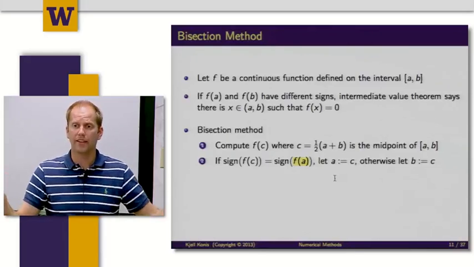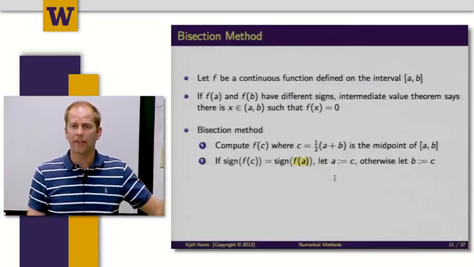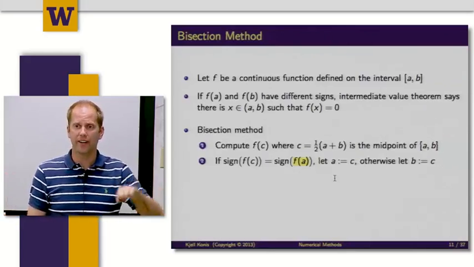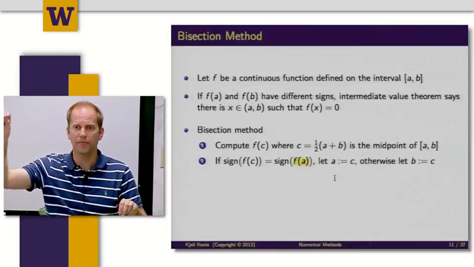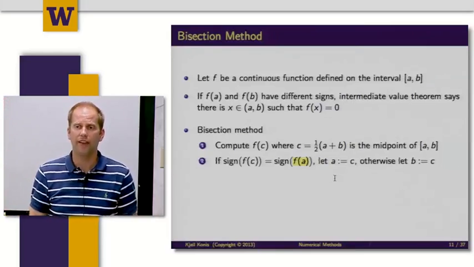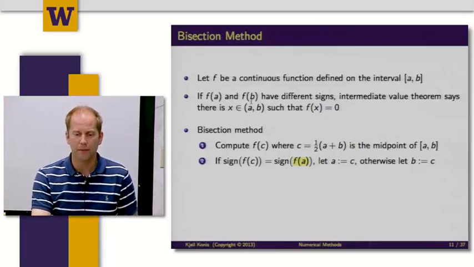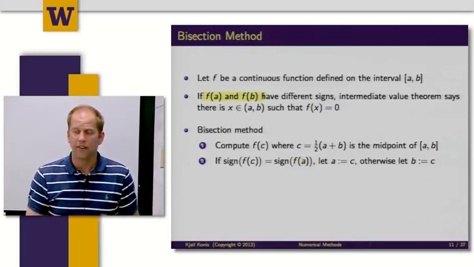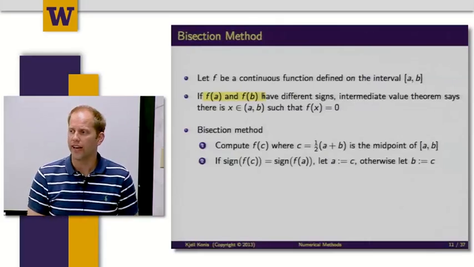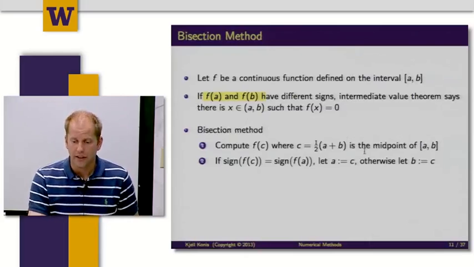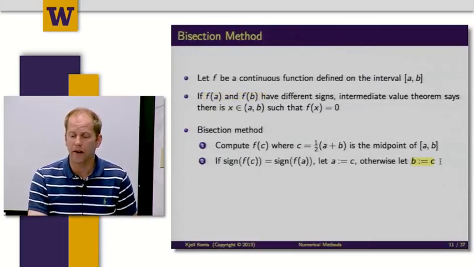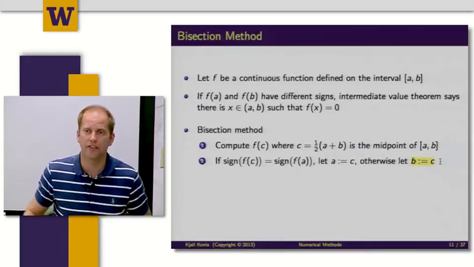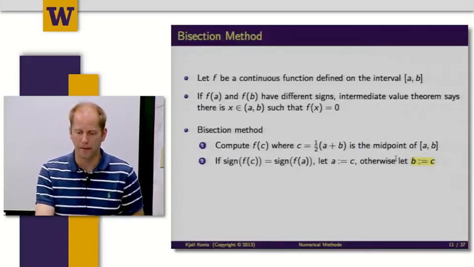I make my interval half as wide, because if the function is negative here and still negative at the midpoint, then it has to be positive at the other point. I now have a new interval that's half as wide, and it still has the property that the function values at the endpoints have different signs. And if the signs are not the same, then I just chop off the other half of the interval. I have a picture on the next slide that will hopefully make this more clear.